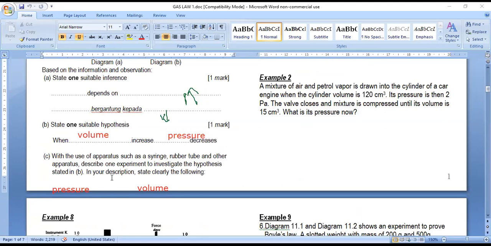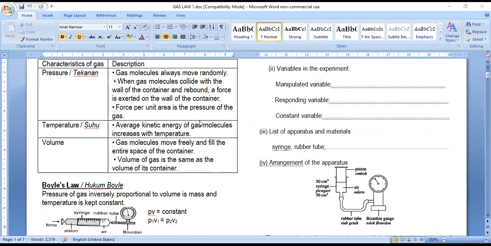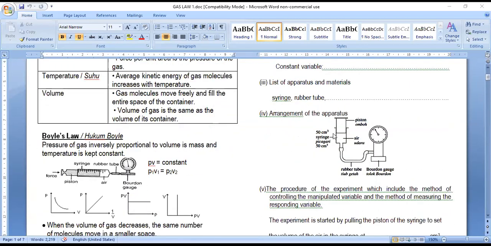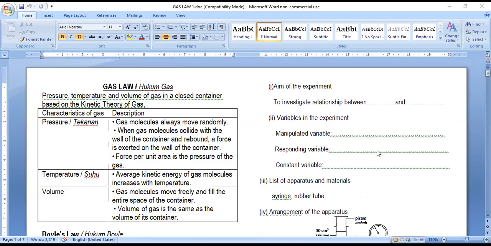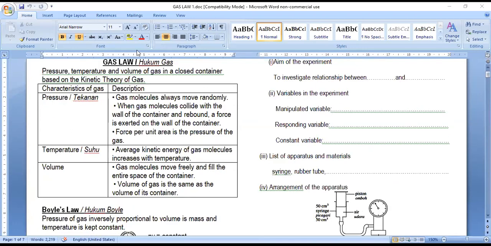With the use of apparatus such as a syringe, rubber tube, and others, you are supposed to design an experiment. Your apparatus is all here: the piston, rubber tube, and Bourdon gauge. Your aim will be to investigate the relationship between volume and pressure.